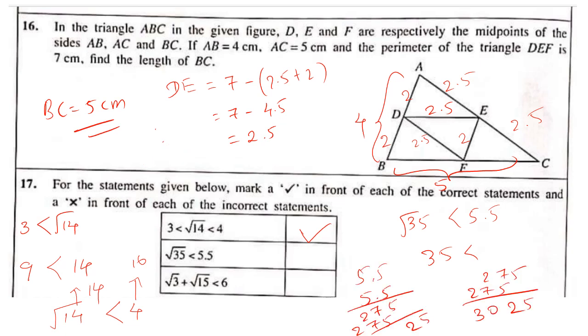Then if we take the square of 5.5, we get 30.25. So this is 30.25, and this statement is wrong. And if we get 3 root 3 plus root 15, so let's do it this way.